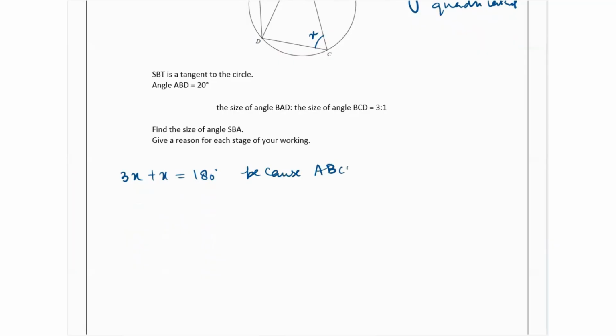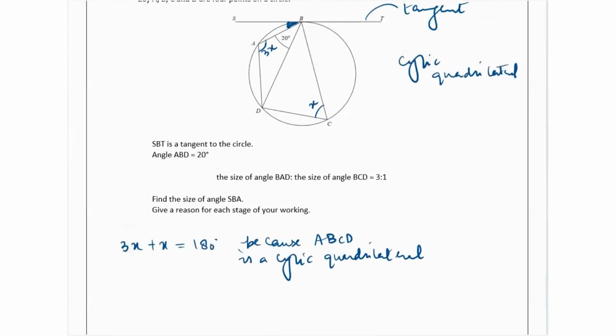ABCD is a cyclic quadrilateral. In a cyclic quadrilateral, all of your vertices need to touch the circumference, which is exactly what's happening over here. So 4x equals to 180.